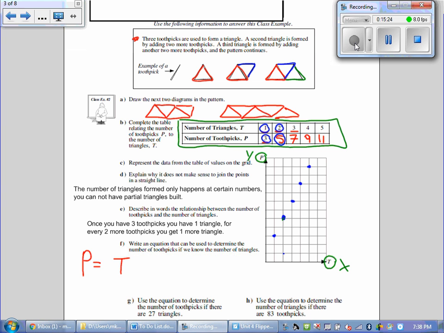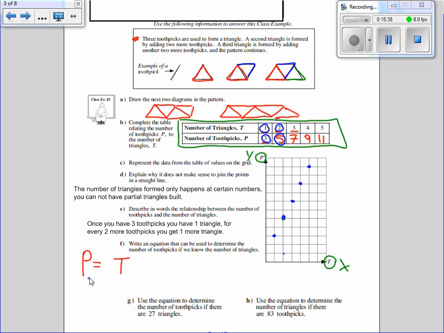So if we wanted to write an equation here that would represent the number of toothpicks if we knew the number of triangles, we want toothpicks all the way over here by itself, and toothpicks is represented with P, and it's going to be equal to the number of triangles, but we always got a triangle after we multiply by 2. Right?